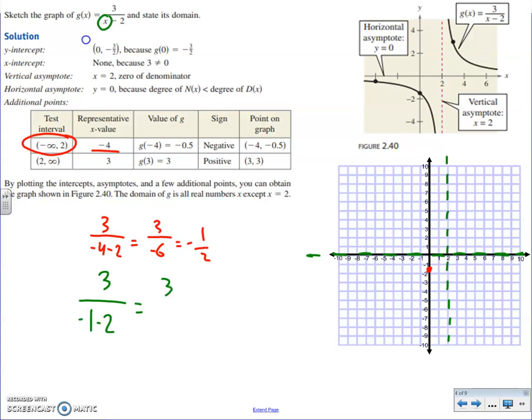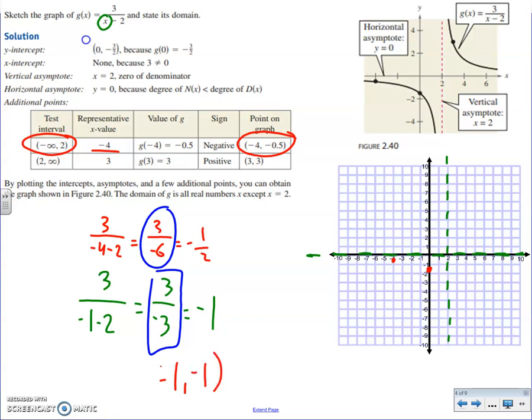Well, that's 3 over negative 3, which is negative 1. I chose something that was easy to reduce, just like them. They chose to reduce the fraction; I just chose a fraction that reduced to a whole number. So those are points. They said the point exists at negative 4, comma negative 1/2. So left 4, down 1/2. Here's a point right here. I just found another one. When you use the point negative 1, you also get negative 1 for the y value.